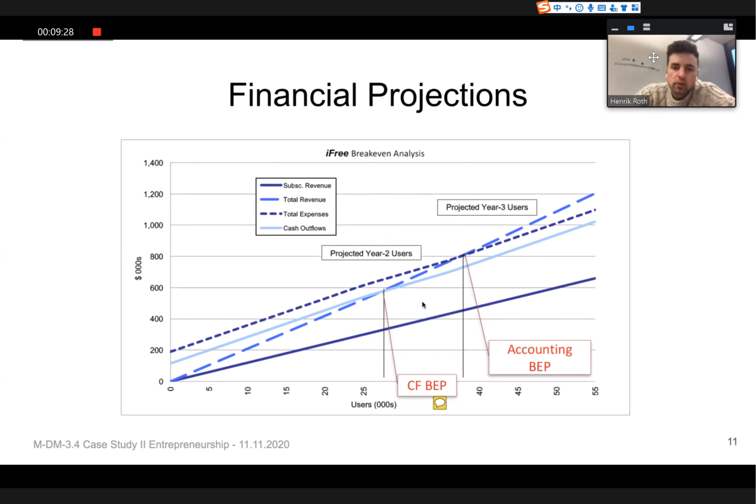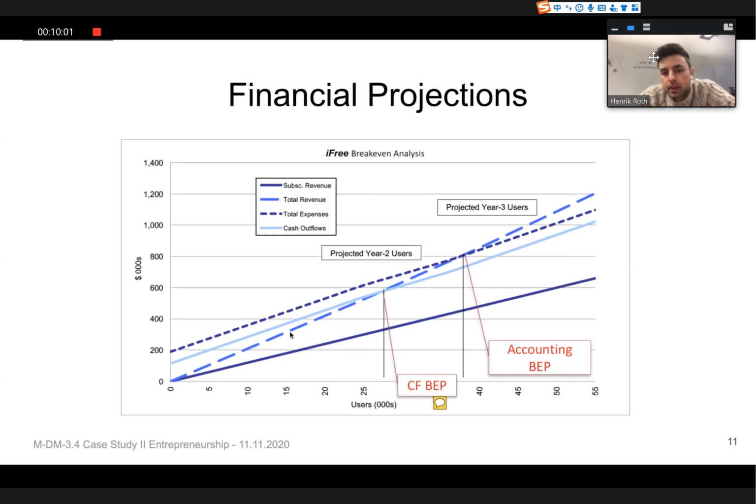And where I want to go a bit deeper is the cash flow, because that's an essential part of startups, and also of high growth startups: finding the cash flow break-even point. So to explain the slide here a bit more, it's from a subscription business.